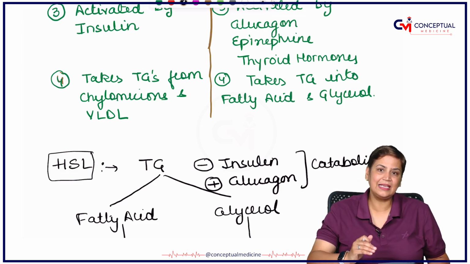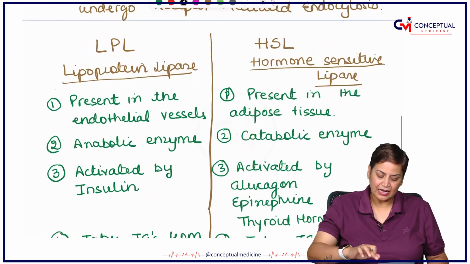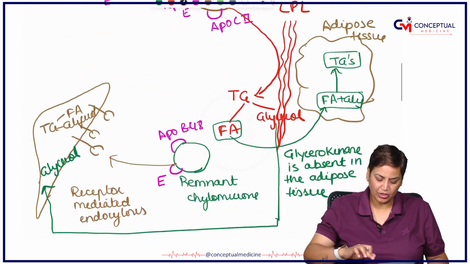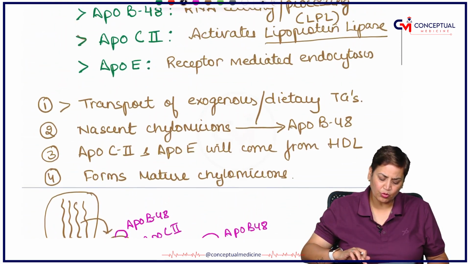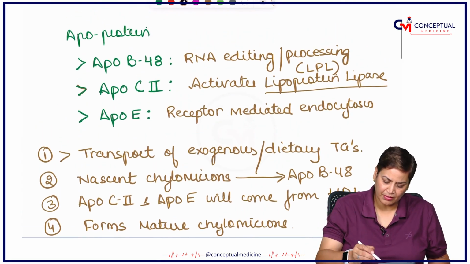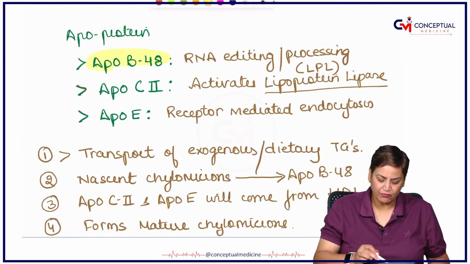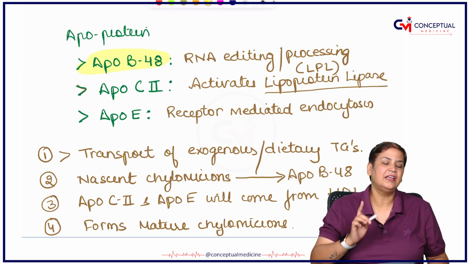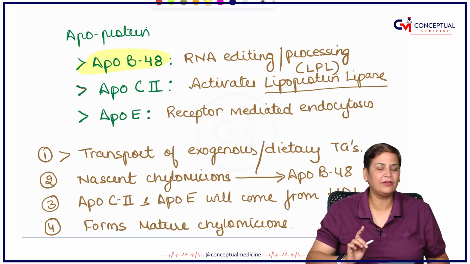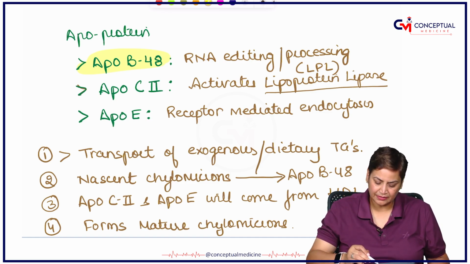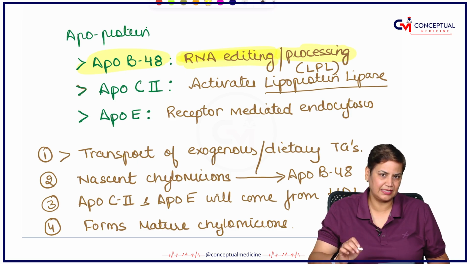Okay, so this is the metabolism of chylomicrons. The most important point to remember here is that Apo B-48 is the specific apoprotein for chylomicrons, which is produced in the body with the help of RNA editing or processing.